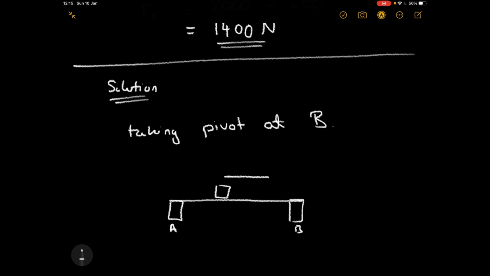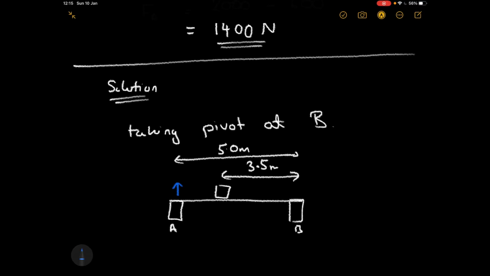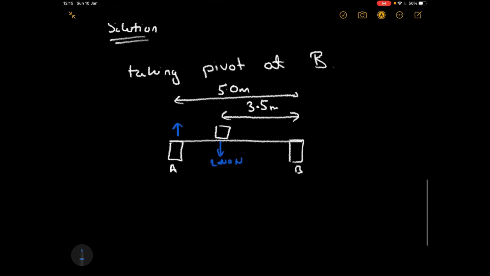There's A, there's B, there's our box. So we have a box, a distance of 3.5 meters, and we have a distance to A of 5.0 meters. And we've got a reaction force from force A, and we have a downwards force there of 2000 newtons. There's our problem. We're taking our pivot as being at that point there.